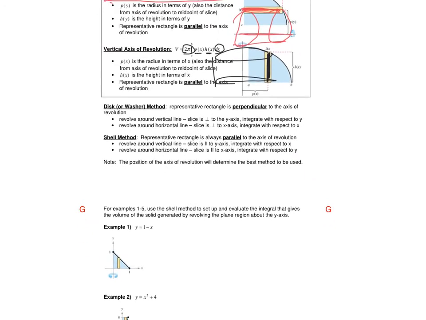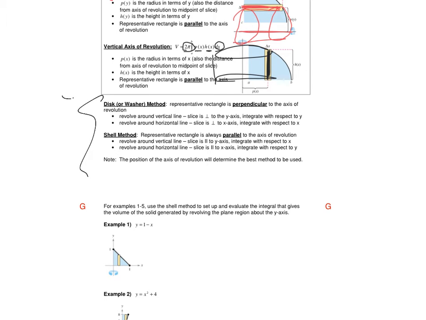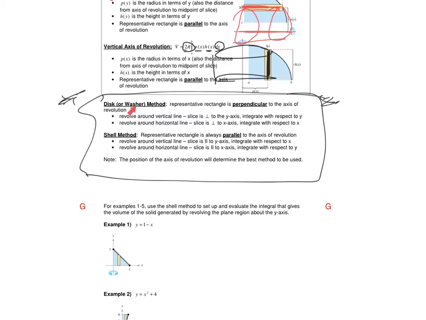All right, so over here, this is key. I would be starring this, all kinds of highlighter here. This is the true difference. How do I know if I'm doing a disc or washer versus the shell method? Well, the washer is going to be perpendicular to the axis of revolution. That's what makes that circle. So going back to the image above, we have our dx slice here. Let's change colors here to blue.